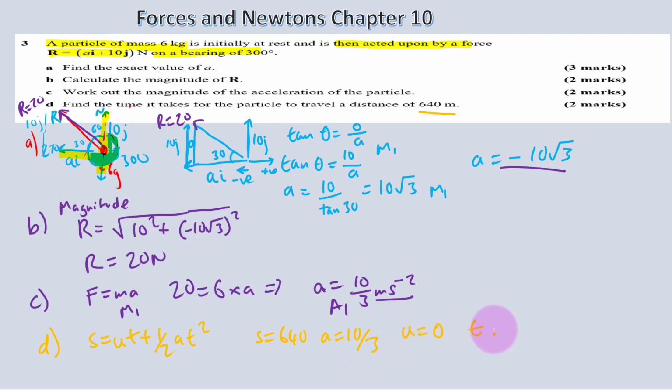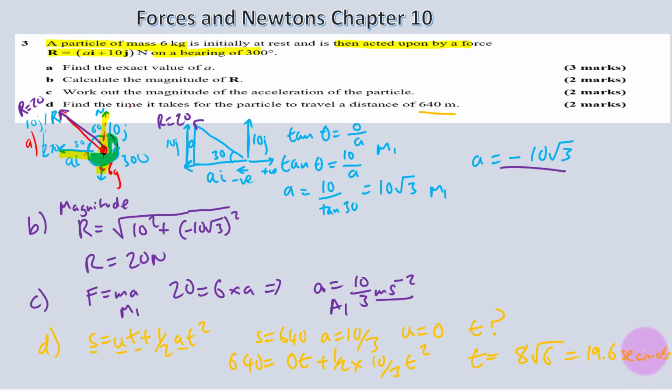And we need t, right? And that's why we use this SUVAT formula, because it has u, t, s and a. Substitute those values in, so what we do is 640 equals 0 times t plus a half times 10 over 3 t squared, and then we get t equals 8 root 6, which is 19.6 seconds.